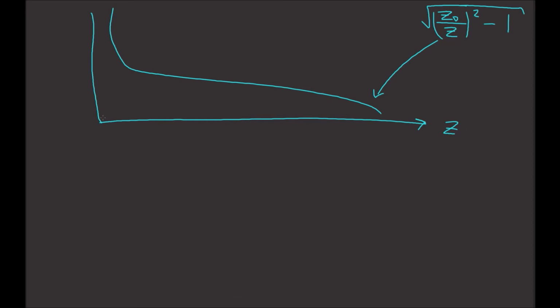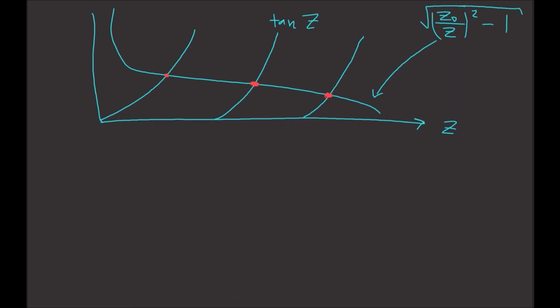And if we plot the tangent, we know the tangent looks like this. So this is tangent of z. These intersections, where the two plots meet, are our solutions. Alright, so these are the solutions for the bound state.